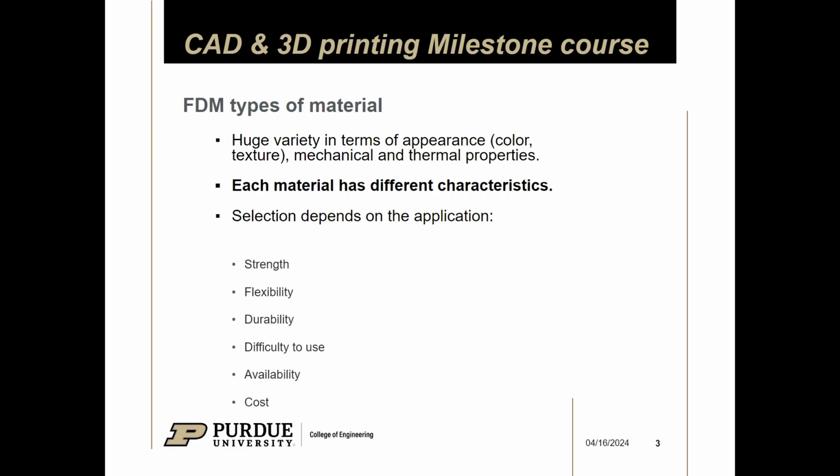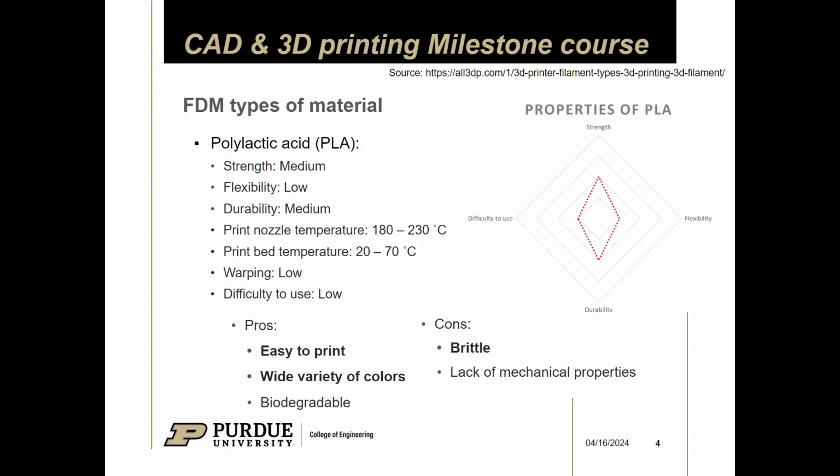Again, there's a bunch of different strengths and weaknesses that you can have in a part based on your design, but also based on the material. So choosing the right material can be important in some circumstances. By far, I would say one of the most common types of materials that you'll see in FDM printing is a material called PLA.